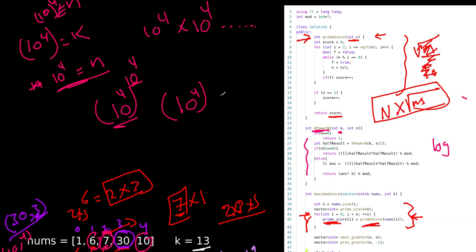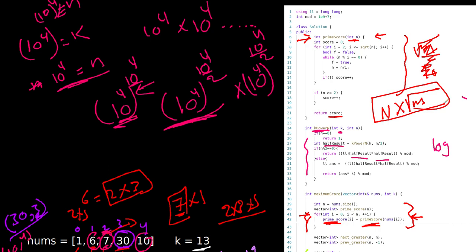What is the half of this? It's 10 to the power 4 divided by 2. So we are splitting the problem into halves every time, and we use recursion. So instead of solving for this number, we solve now for this number.